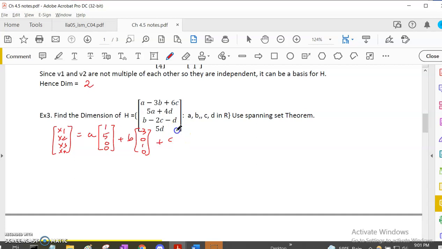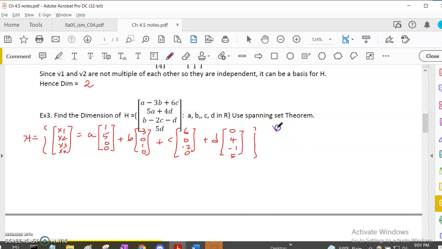Plus C of 6, 0, -2, 0. Right? Plus D, the weights being like this. And the vector that we can design is 0, no D, and then there's a 4D, a -1D, and this is a 5D. So this set of vectors H is actually a linear combination of these 4 vectors.